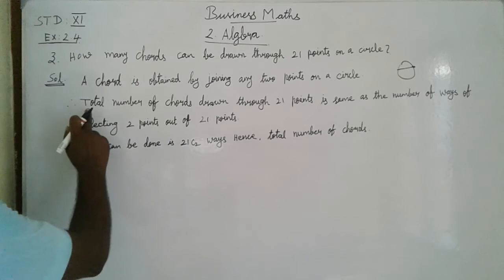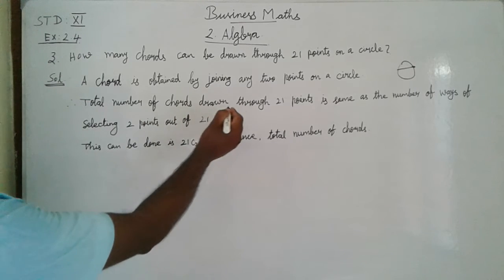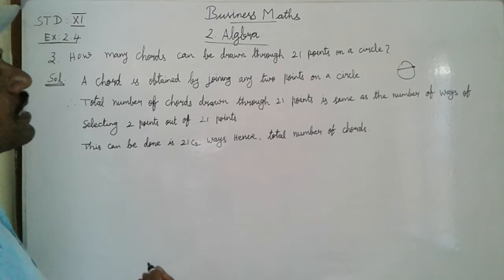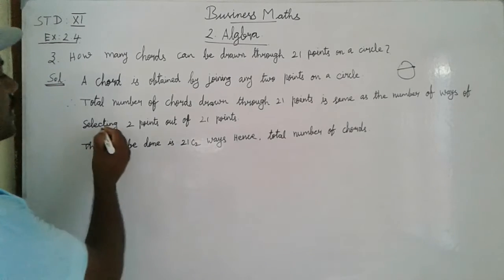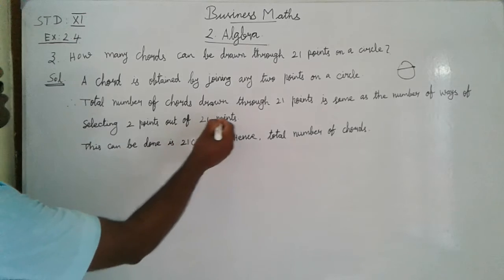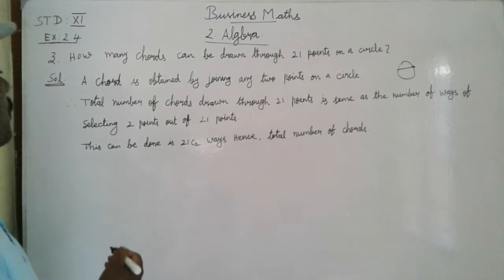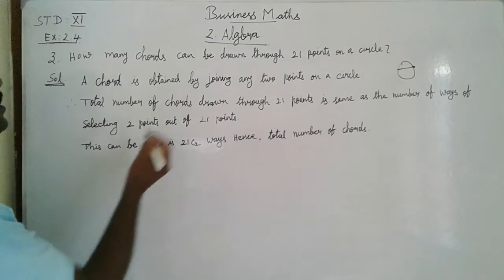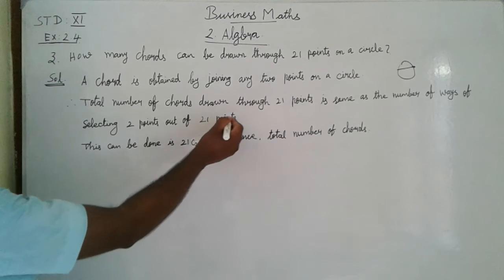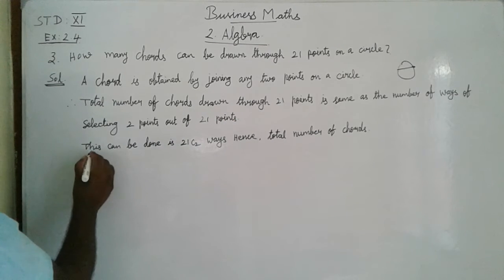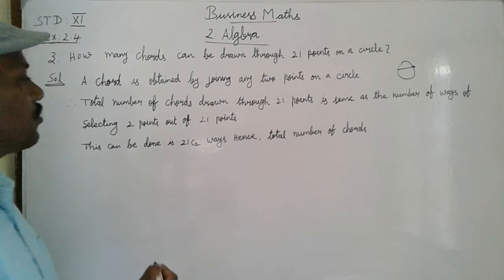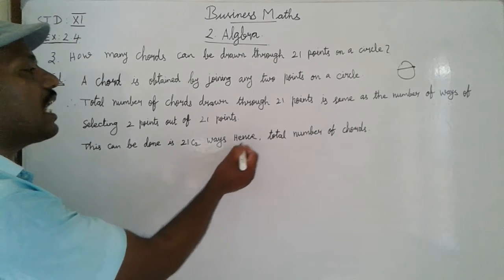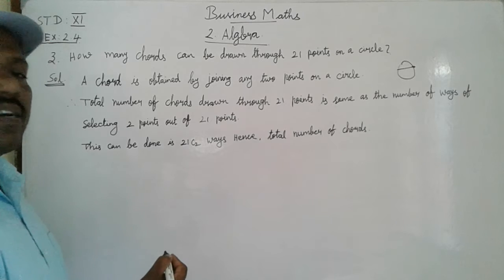So the total number of chords drawn through 21 points is the same as the number of ways of selecting 2 points out of 21 points. So 2 points is one chord we should take. So total 21 points we should take. Then this can be done in 21c2 ways. Hence total number of chords.